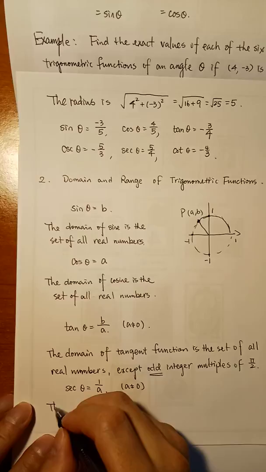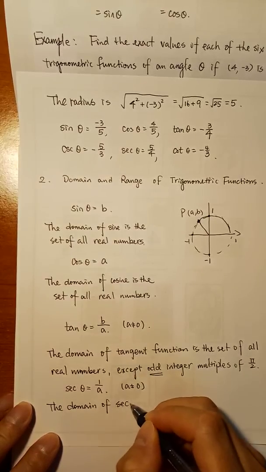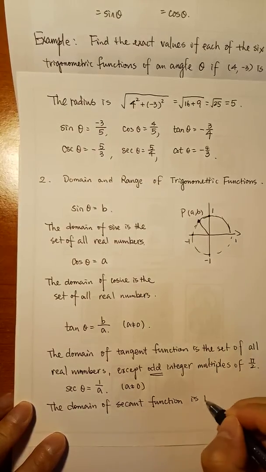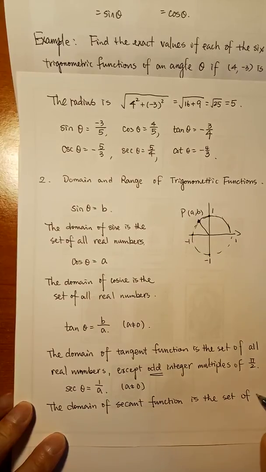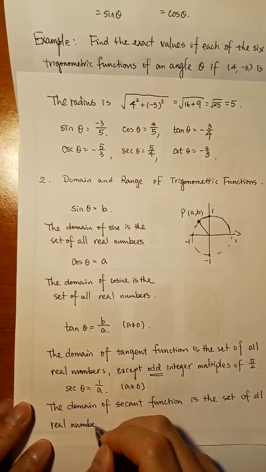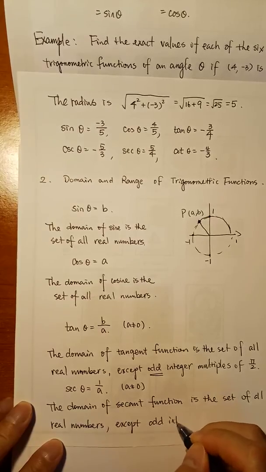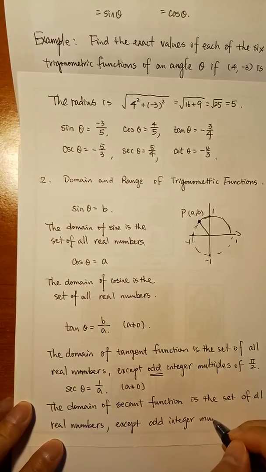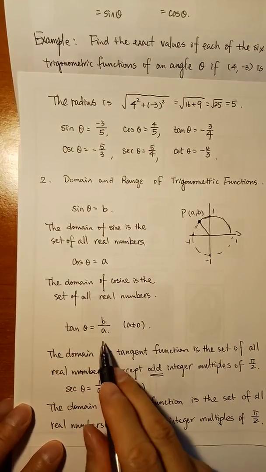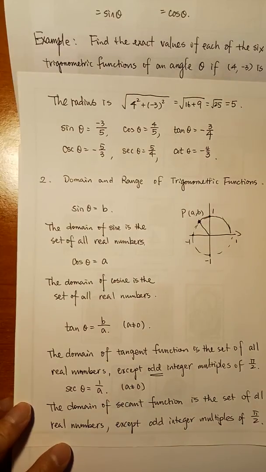So the domain of the secant function is the set of all real numbers except odd integer multiples of pi over 2 also, because they share the same denominator. They share the same denominator, so they will avoid the same angles.